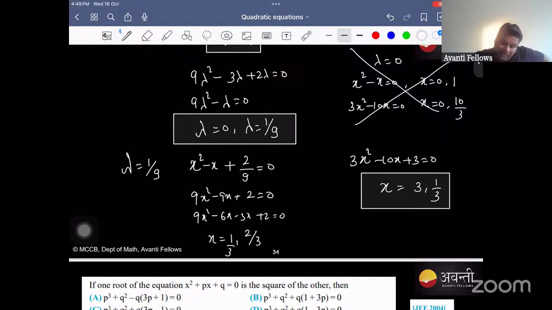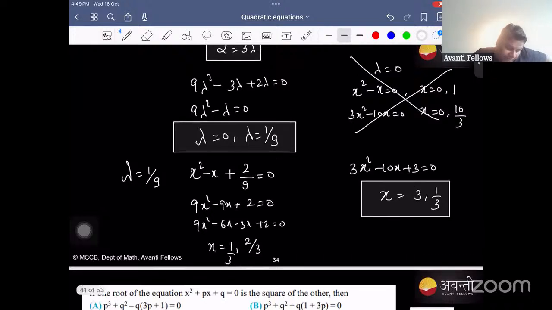So 1 by 3 is the common root. So basically beta came 1 by 3 and gamma came 3. Now they are asking for beta gamma upon lambda. So 1 upon 1 by 9, answer is 9.